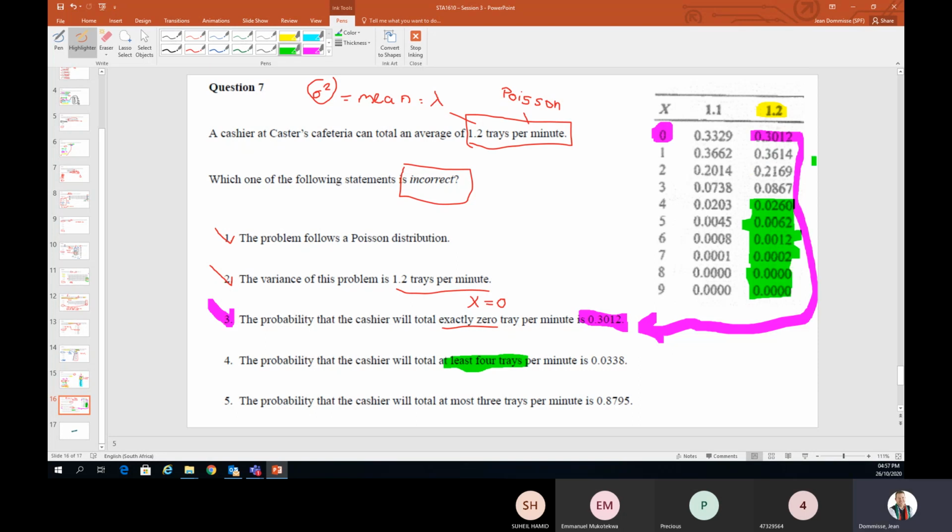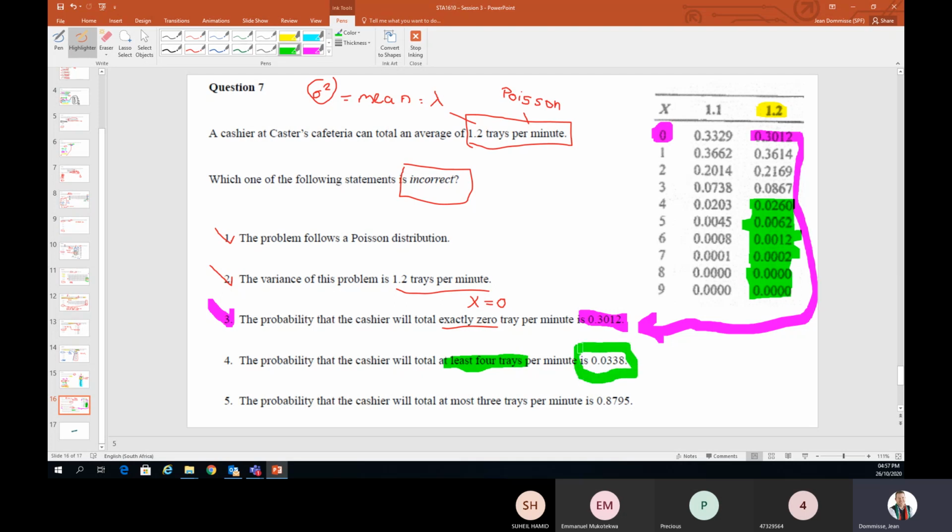There's only a few, so I would just add those few together. So it is 0.0260 plus 0.0062 plus 0.0012 plus 0.0002, which is equal to 0.0336. So did I now make a mistake?